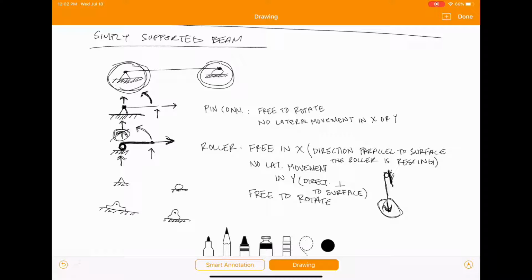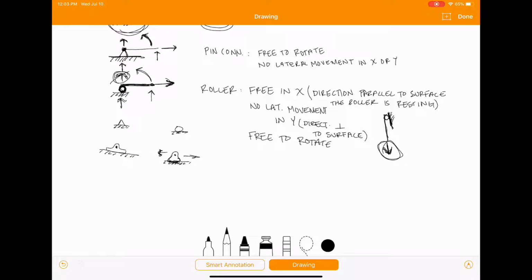As you can see, this is still free because it kind of rocks on here, so it's still able to have movement in that direction, where this one holds it in place in both the X and the Y. If you're not sure in your textbook what something is, there's usually a table that identifies all of this in your textbook. And you can go there, or you can Google it. Google has the answers to everything, right?